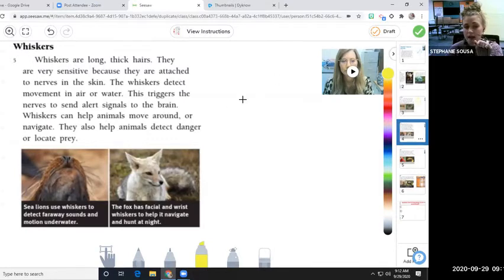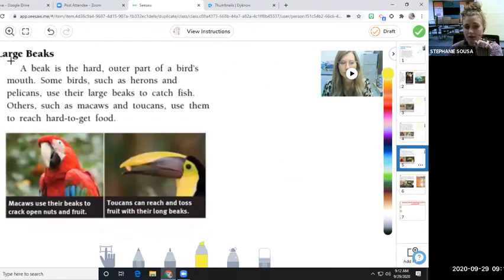I will read the text and highlight one fact that is about how whiskers help an animal survive. On slide 5, I'm reading about large beaks. You guessed it. I'll watch Ms. Renele's video, I'll read the text, and I'll highlight one fact about how large beaks help animals survive.